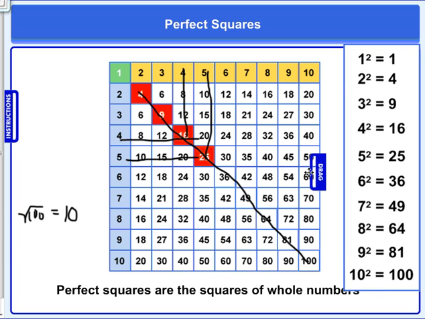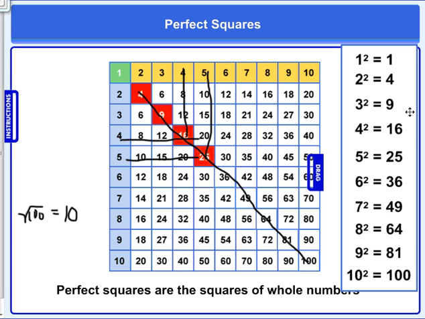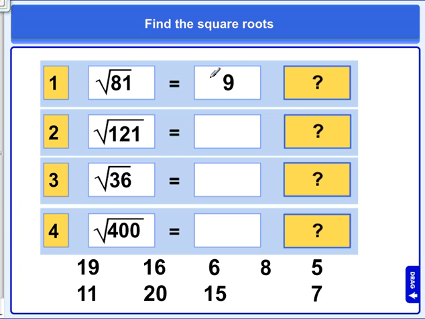And just so you have a little cheat sheet right here, they're all right here. So 1 squared is 1, 2 squared is 4. So the square root of, let's say, 36 is 6. All right. So, for example, we have the square root of 81 is 9.